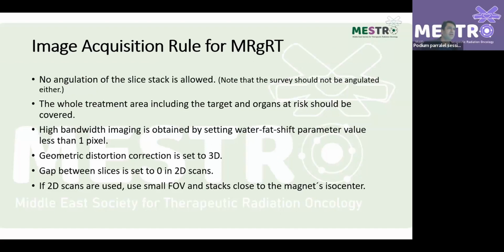As we know already, to obtain any CT or MR image, we have departmental protocols. He followed these protocols, and he set the geometric distortion correction to 3D, and the gap between slices was set to 0 for 2D slices. If 2D scans are used, use a small field of view and stacked close to the magnetic isocenter.